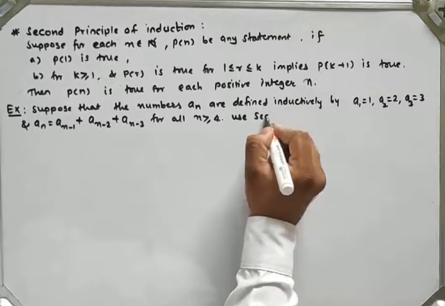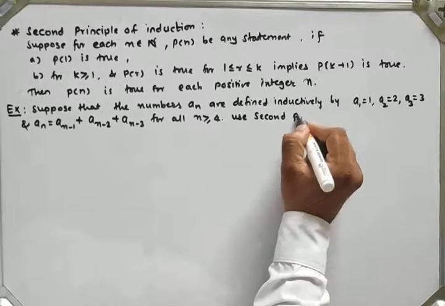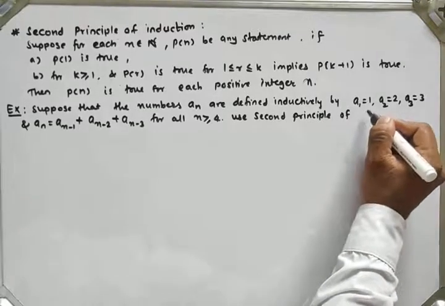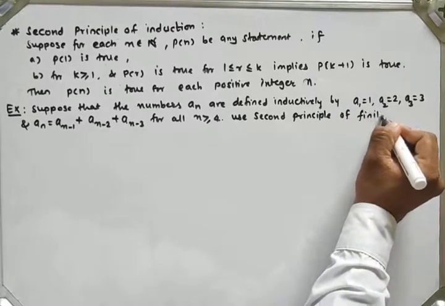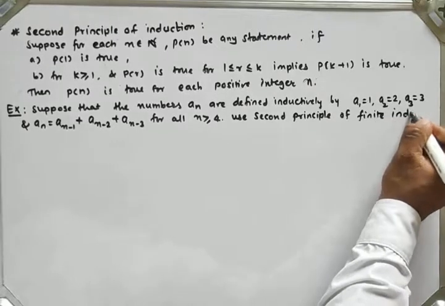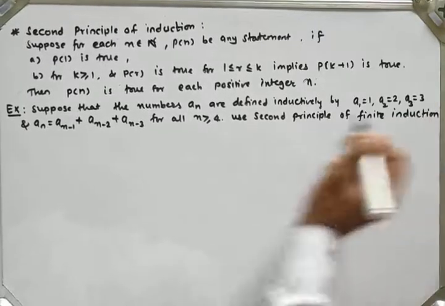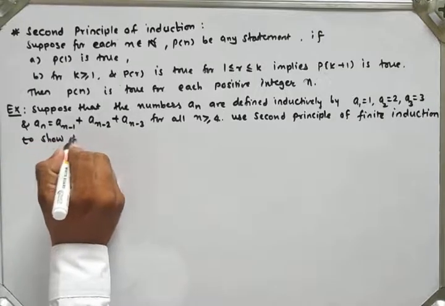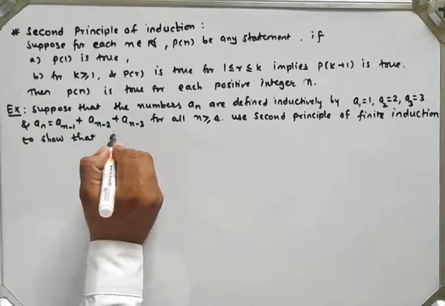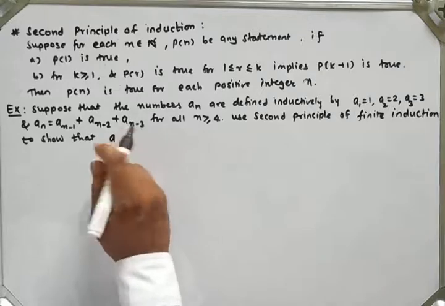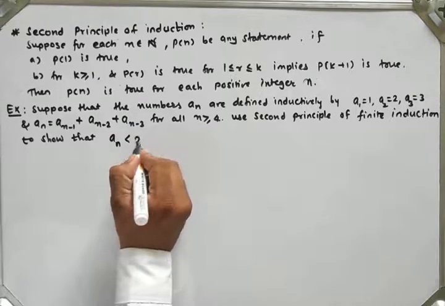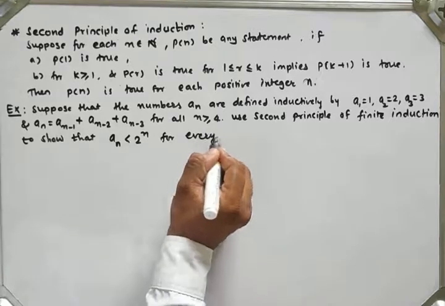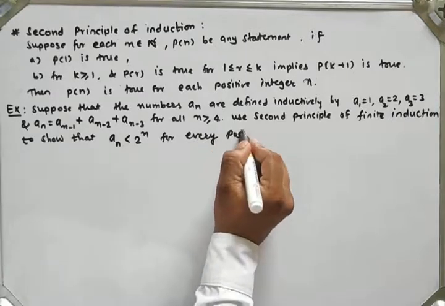to show that an is less than 2 raised to n for every positive integer n.